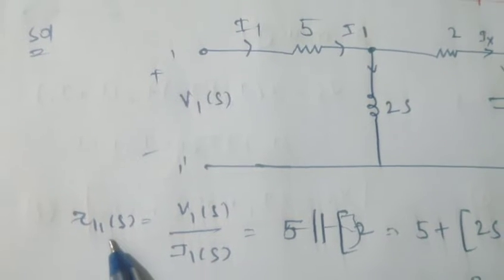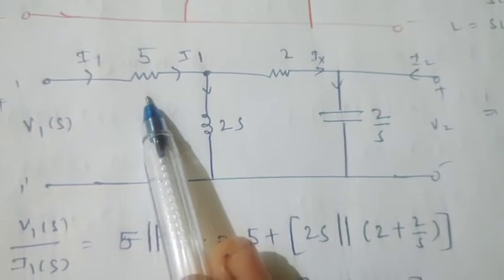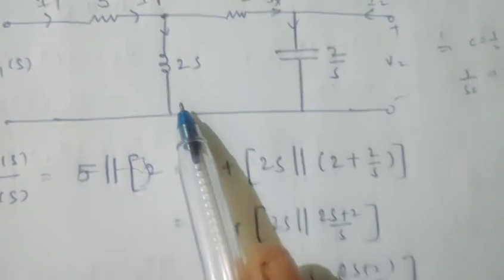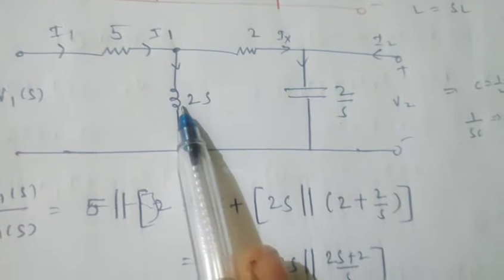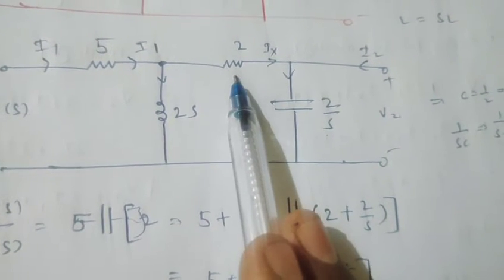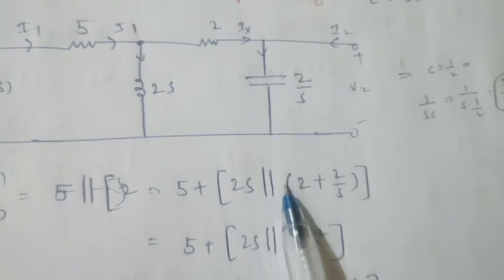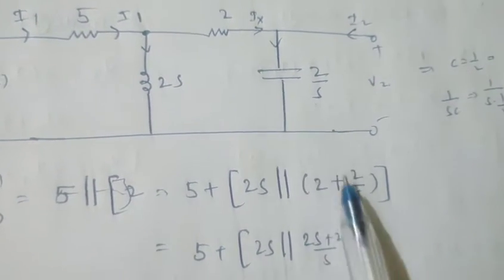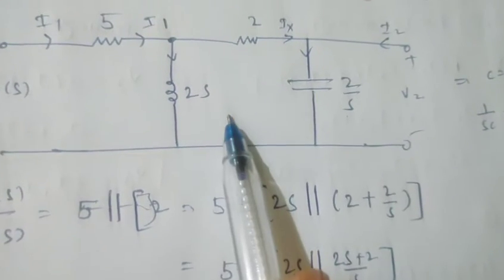So Z11 of S is equal to: the 5 ohms impedance is in series with the 2S, but this 2S is in parallel with this 2 ohms impedance, plus this 2 ohms is again in series with the 2 by S value. So this is the total impedance of the given circuit.